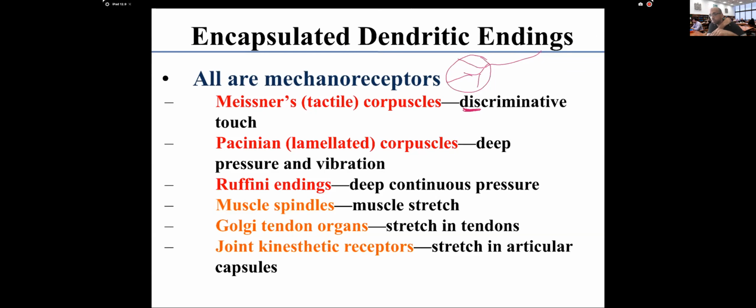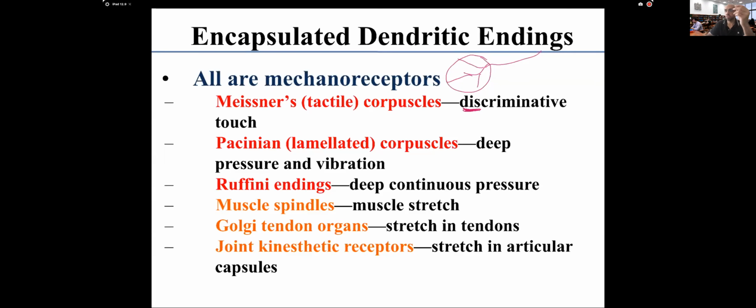Why? Because in the fingertips, you've got many more Meissner's corpuscles responsible for discriminative touch. And this is how you're able to have better sensation with your fingertips compared to the skin of your back or the skin of your arm.